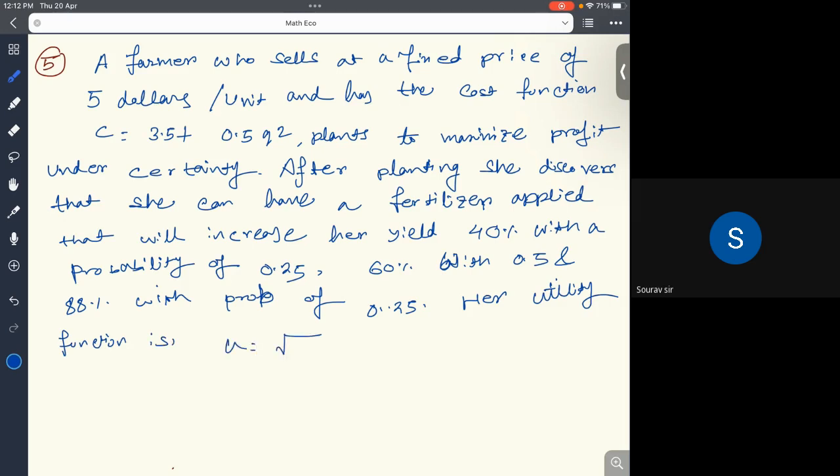U is equal to root over of pi. Okay. Now the question is, determine the maximum amount that she is willing to pay for the fertilizer application. Now we have, these are the given conditions.